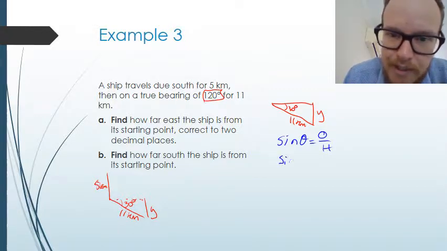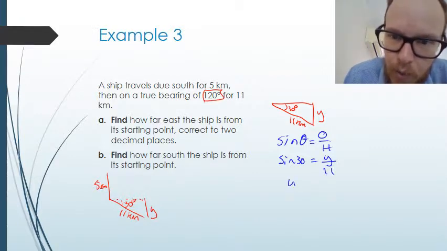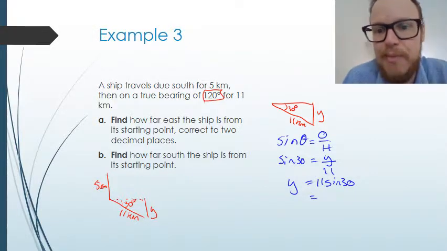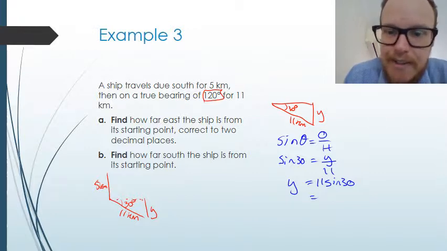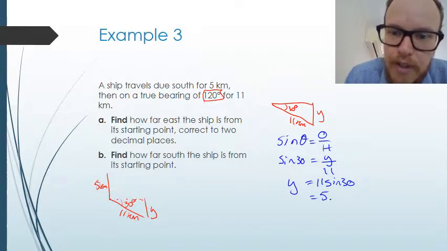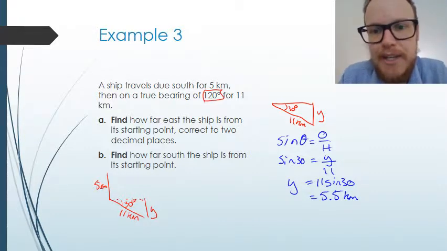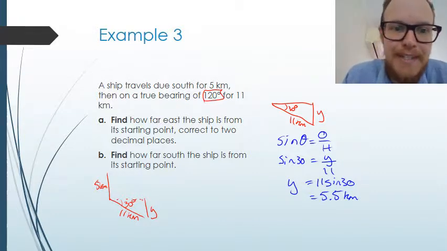So that means sine of 30 degrees is going to be equal to y over 11. Y will therefore be equal to 11 sine 30, because we multiply both sides by 11, and we'll get that this is 5.5 kilometres.